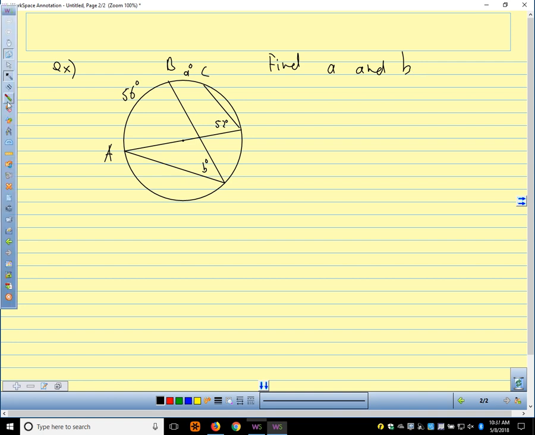Well, let me highlight this arc that is marked here. Is that arc, that 56-degree arc, intercepted by any angle there? Isn't it intercepted by that inscribed angle?